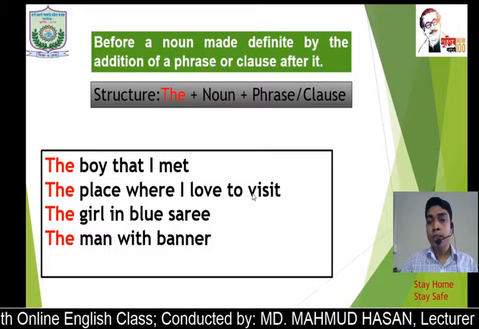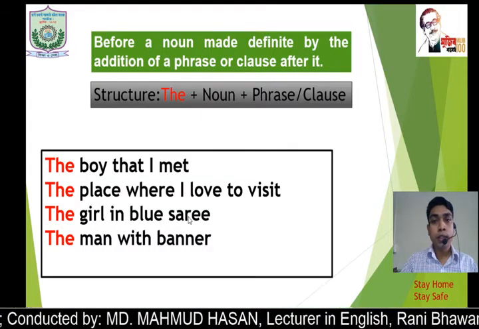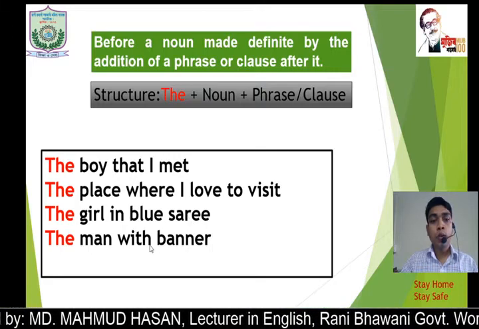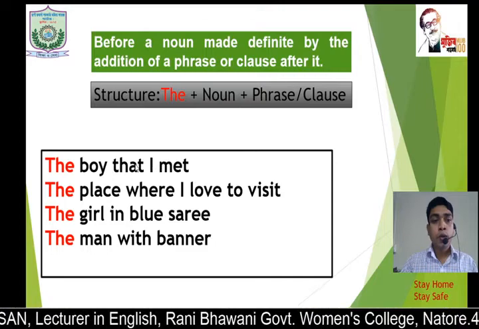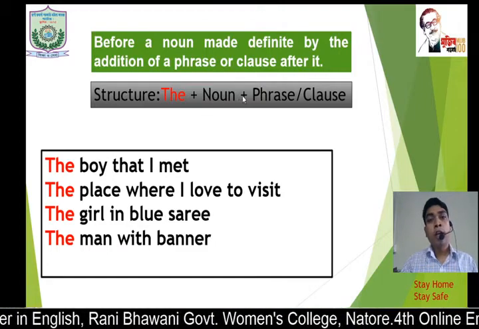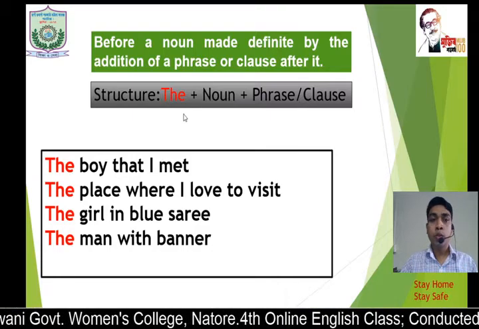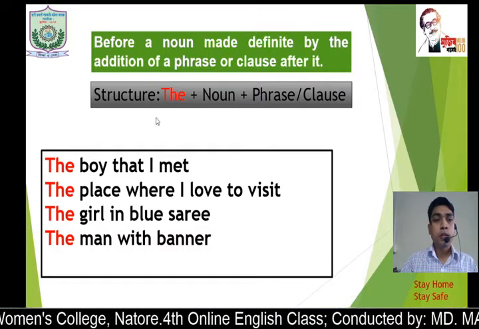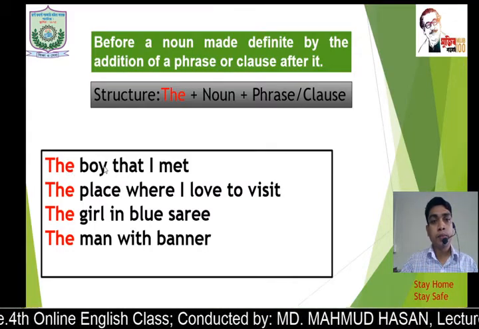"Where I love to visit" is a clause. "In blue sari" is a prepositional phrase. "With banner" is a prepositional phrase. So if we get a noun followed by a phrase or clause, we will put the before that particular noun.